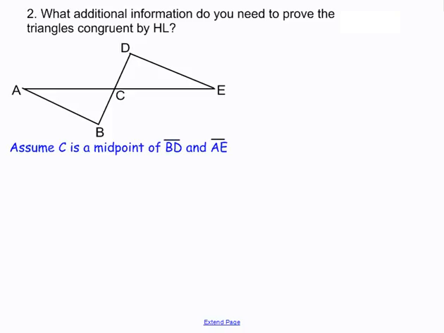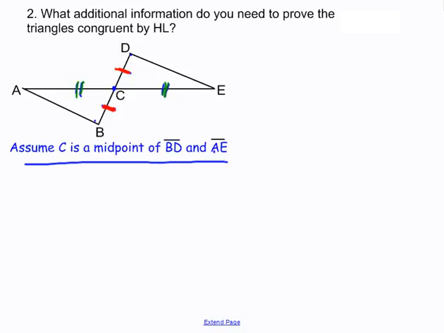All right, so we are given C is the midpoint of BD and AE. If C is the midpoint of BD, that makes these two lengths congruent. And if C is the midpoint of AE, it makes these two congruent. So we need to figure out what additional information you need to prove the triangles congruent by HL. Well, notice we have a leg and we have a hypotenuse.